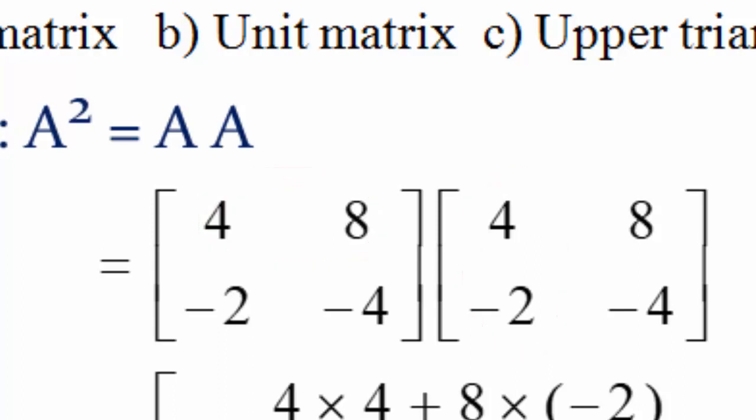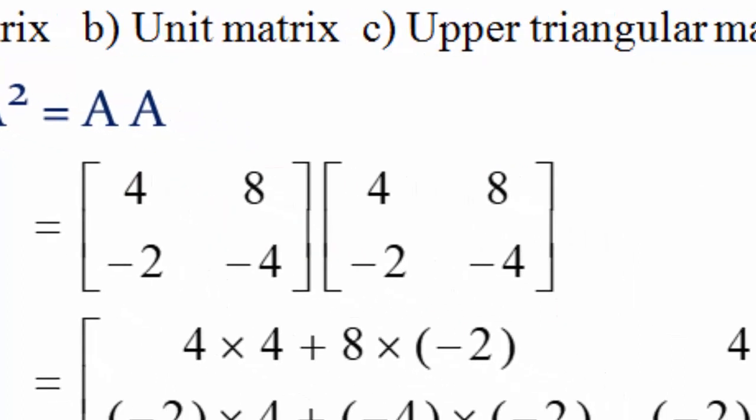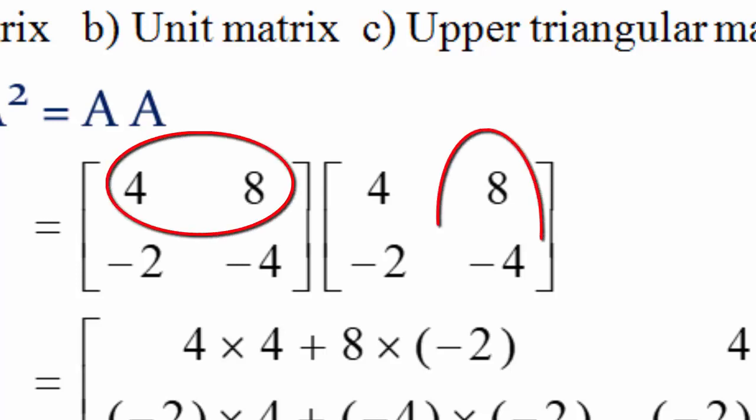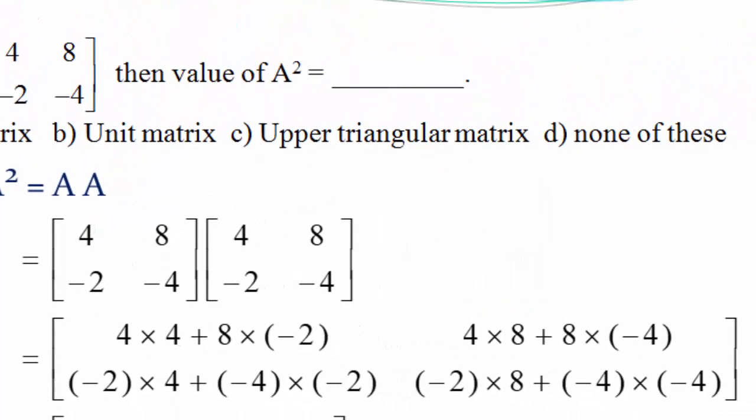So, we get 4 into 4 plus 8 into -2. The same procedure with the first row of the first matrix and the second column of the second matrix gives 4 into 8 plus 8 into -4. Now, we repeat with the second row of the first matrix and the two columns of the second matrix.